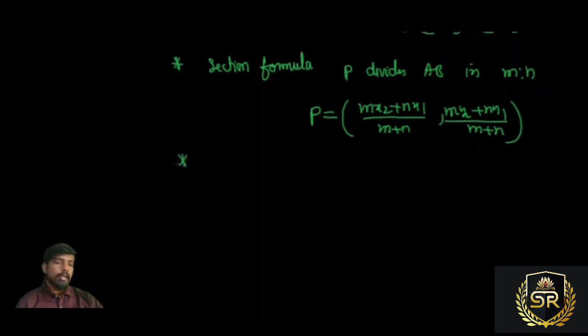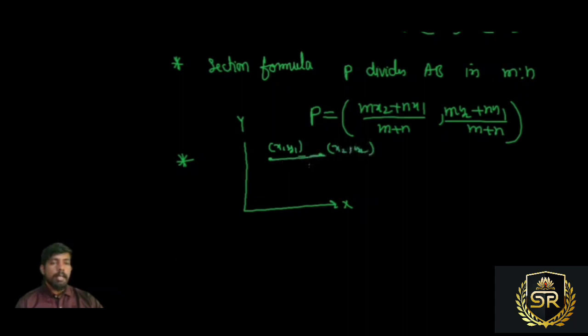Next, let us consider x-axis, y-axis, and this point is x1 comma y1, this point is x2 comma y2, and this line is parallel to x-axis. Then distance between A and B is what?